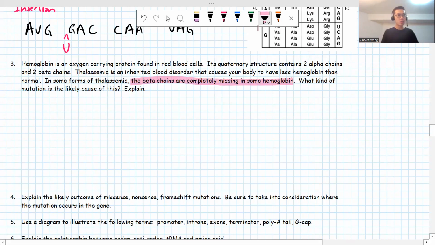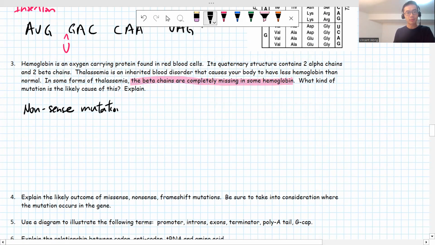What kind of mutation is likely the cause of this? Explain. Well, if you are missing a whole chunk of hemoglobin, like an entire chain here, there's only one mutation that is capable of doing that, and that would be the nonsense mutation. So this is likely a nonsense mutation.